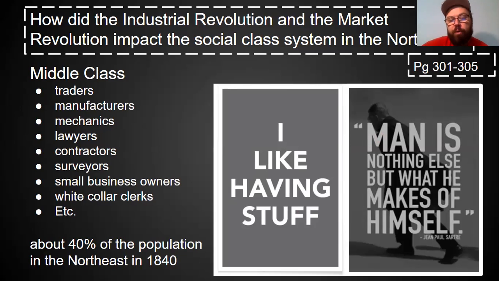This makes up about 40% of the population of the Northeast in 1840. So the wealthy business elite is a small group. The middle class is about 40%, and we'll get to this more on the next slide, but that tells you that a majority, more than 50%, of the people living in the North are part of that poor working class.